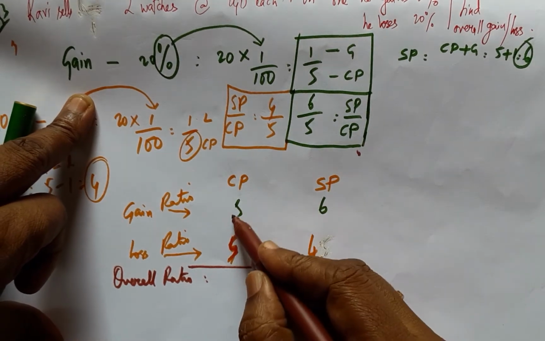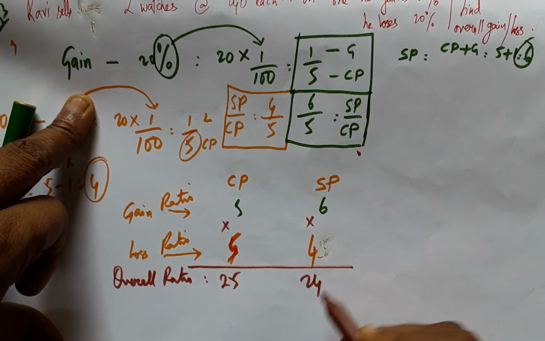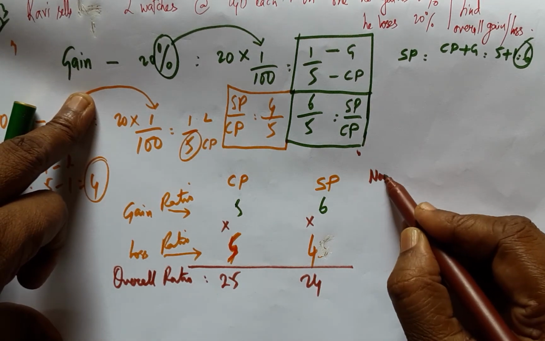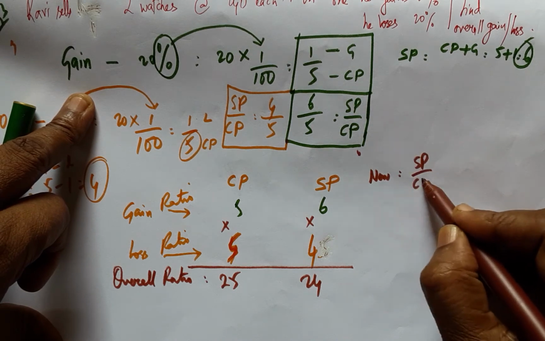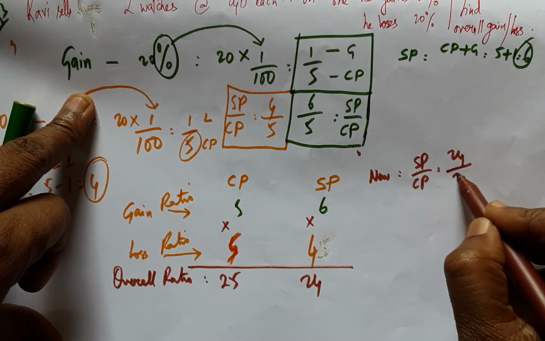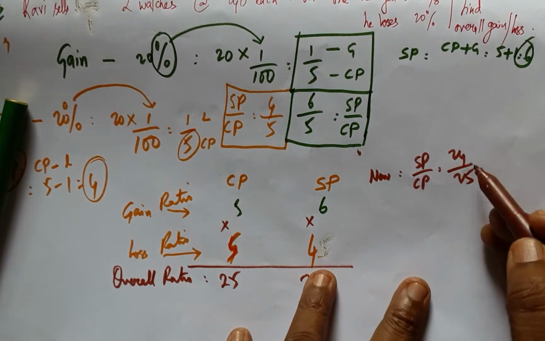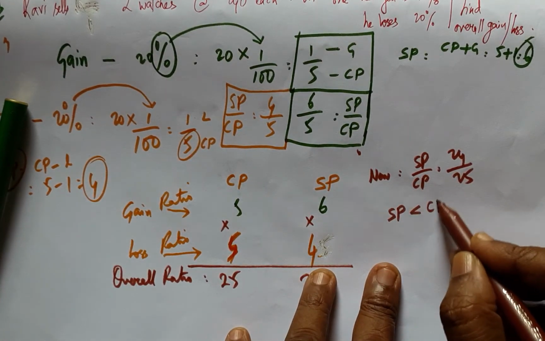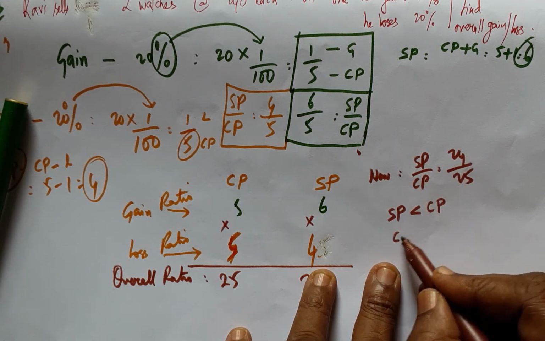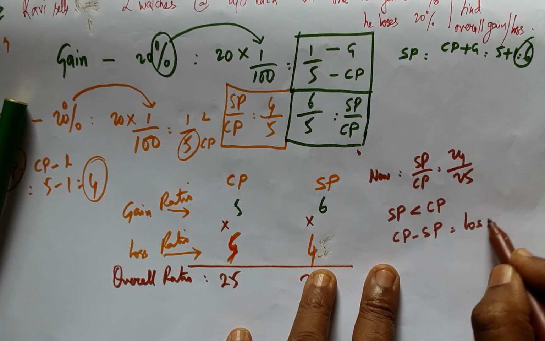Now the overall ratio will be, multiplying these two, I have 25 and 24. So the new SP by CP ratio is 24 by 25. Very quickly we can come to the conclusion that SP is less than CP, and CP minus SP will always be loss.